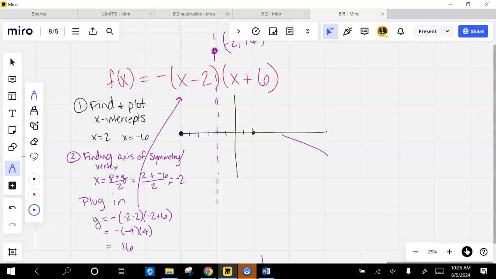Do I have everything I need to graph now? I just need to connect them. See what you think. I don't want to throw too much on you. I think I'm going to save domain and range for tomorrow.